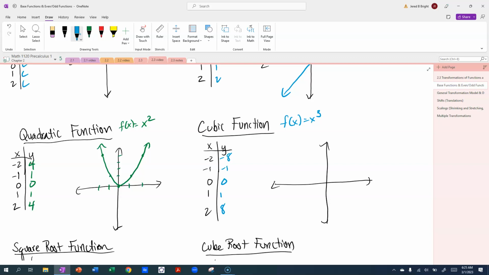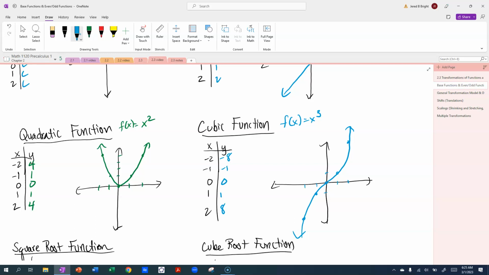Just quickly sketching here, and I might just do some estimation. There's our -1, 1, 0, 0, 1, 1, and then 2 is up at 8. I'm not going to define my vertical axis beyond here and say it looks something like this. So that's our basic cubic function.